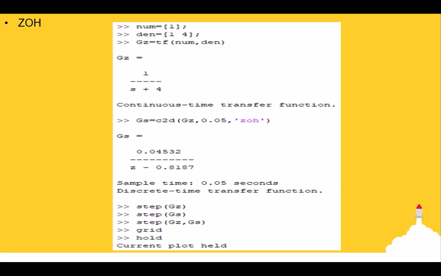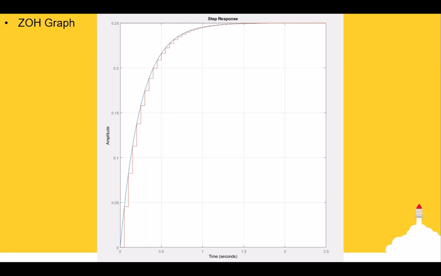And then we get G as 0.04532 over z minus 0.8187. And next we need to generate the output graph. Firstly, we need to step Gz and then step Gs, and then we step both Gz and Gs. And this is the zero order hold graph.